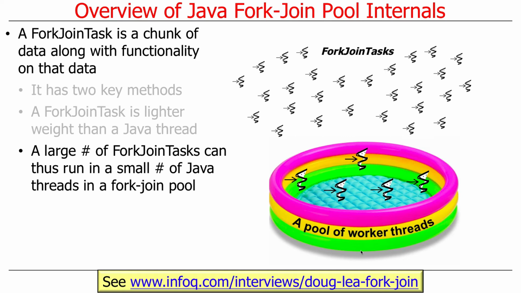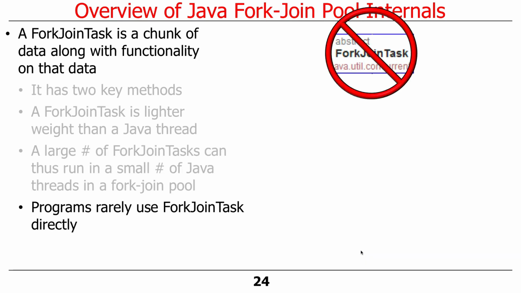And it can also, if it's implemented cleverly, which it is, of course, because Doug's a smart guy, arrange to make sure that these threads in the pool of worker threads balance their processing using all the different ForkJoin tasks that are waiting to run. Any questions about that? So the whole name of the game here is balancing the processing.